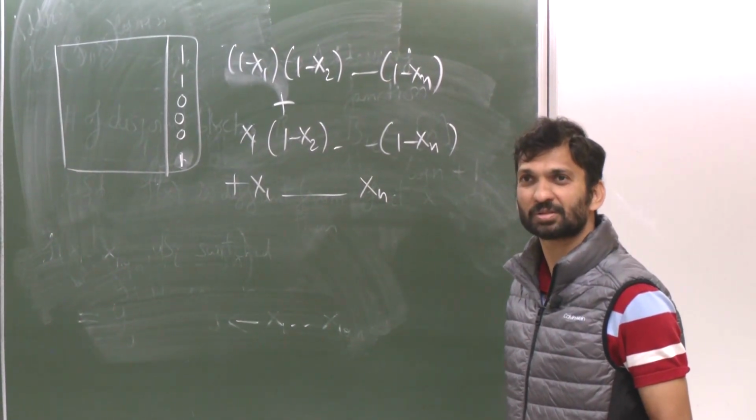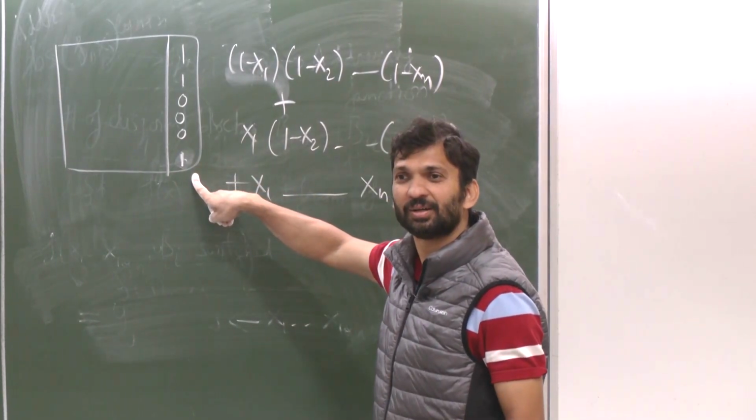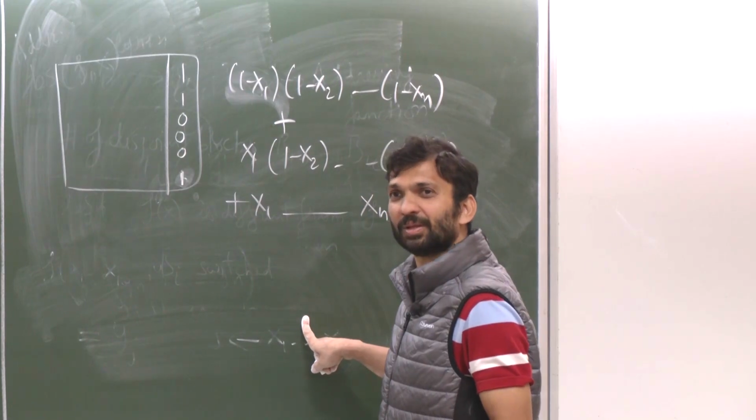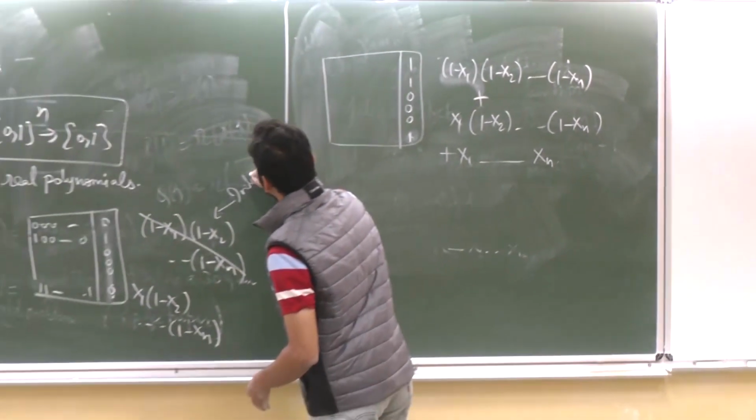Yes, no, questions? Yes. So now that means given arbitrary ones here, I can take the corresponding polynomials and sum them up. These are called indicator polynomials.